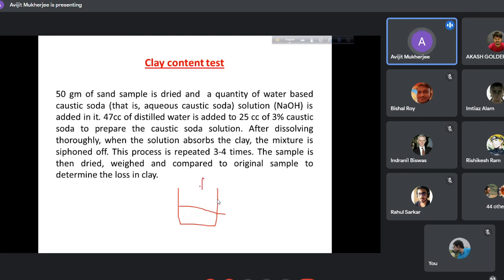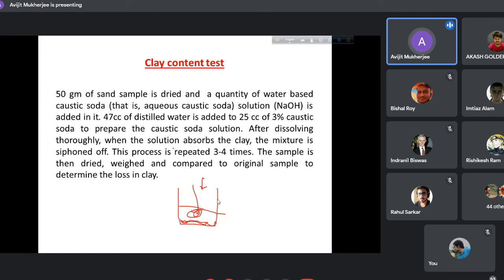Now place the sand sample here, the sample containing clay, mud, all these, and using a stirrer, you rotate the stirrer to mix thoroughly. After dissolving thoroughly using the stirrer, or if you have an automated system, automatic stirrers are also available.